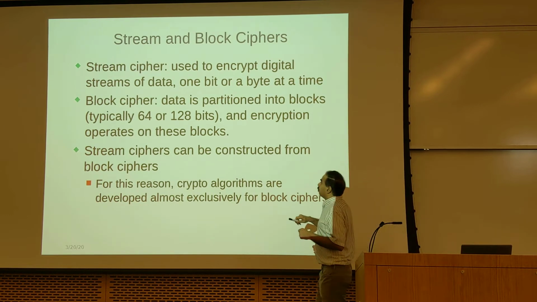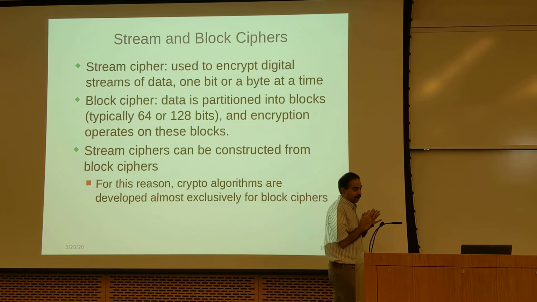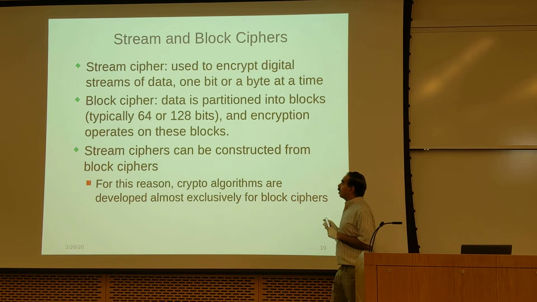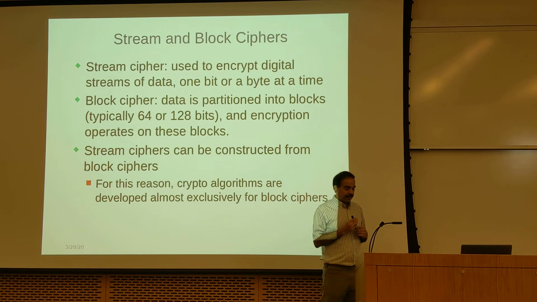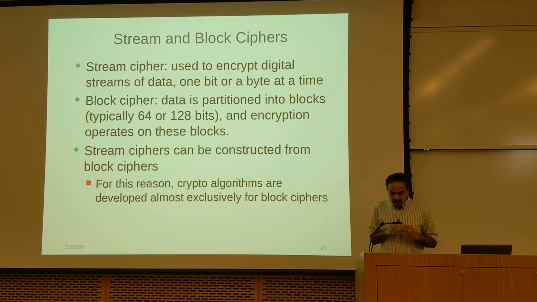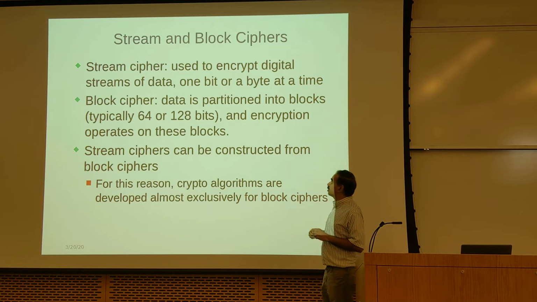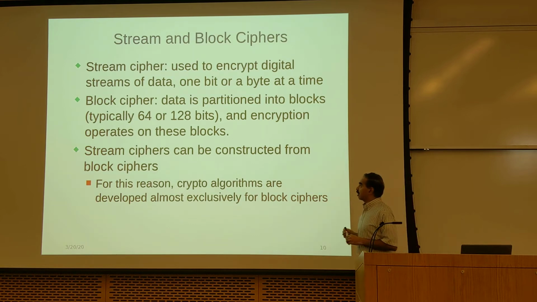In fact, pretty much any modern technique will work on a 128-bit block size, whereas a stream cipher is used to operate on smaller quantities of data. You may have a long message which is produced 1 byte or 1 bit at a time, and then you want to encrypt and send this small amount of data as soon as it's available, right? So for that purpose, you would use a stream cipher.